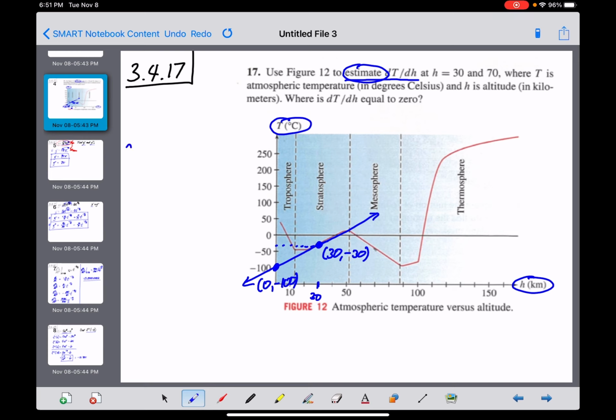So, the value of our derivative, dt/dh, evaluated at the spot where h equals 30 would be approximately equal to, here we go, guys, change in y would be negative 30 minus negative 100. That's negative 30 plus 100, which is 70.